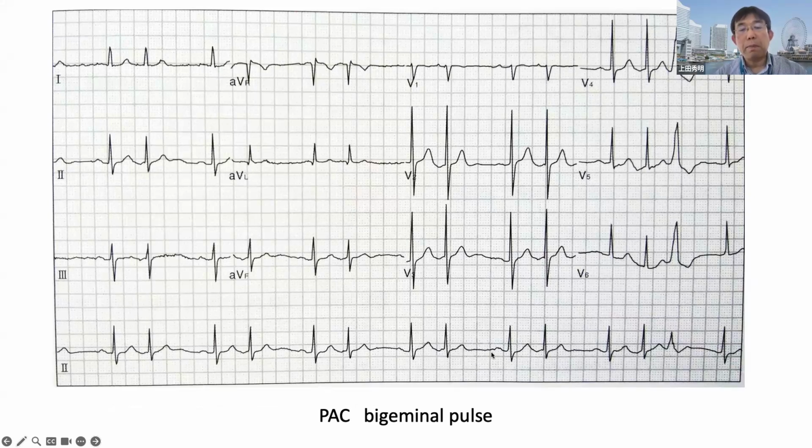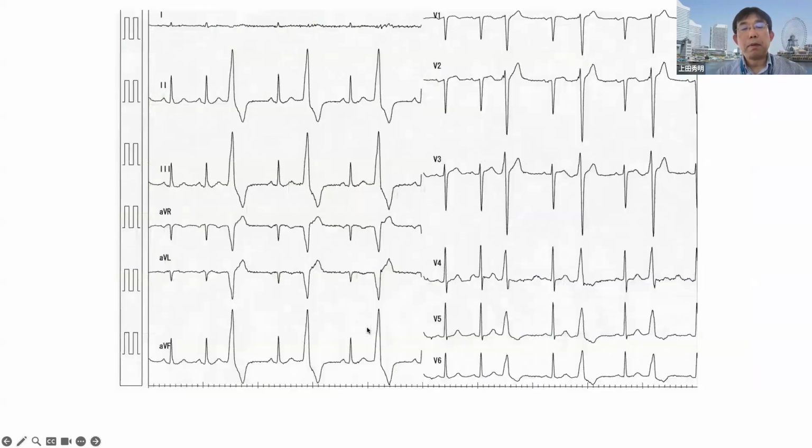We call it bigeminal pulse: normal, abnormal, normal, abnormal, normal, abnormal patterns. So this is the same pattern as the QRS happens: sinus and PVC, sinus, PVC, sinus, PVC. We call them bigeminal pulse of PVCs.